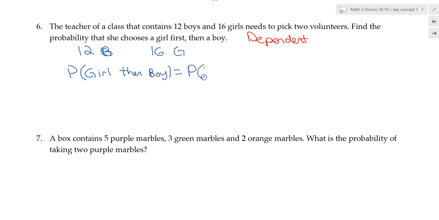That's going to be the probability of a girl times the probability of a boy given girl. Again, probability of girl is easy. There's 16 out of 28, right? With 12 and 16, there's 28 total.